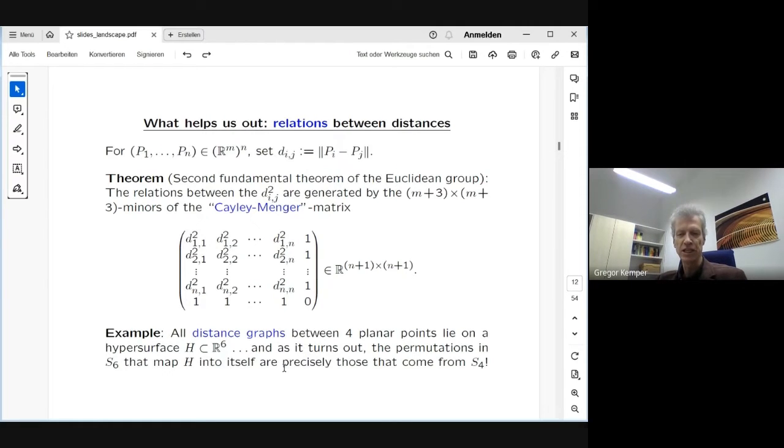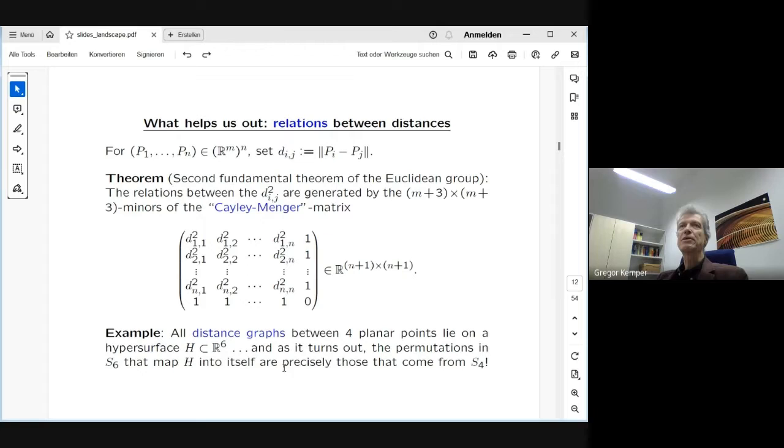Every vertex permutation induces a permutation of the edges. And those permutations in S6 that map the hypersurface H into itself are precisely those that come from S4.